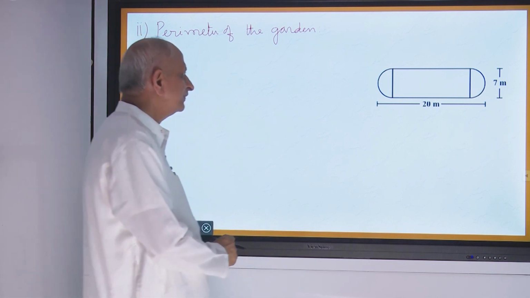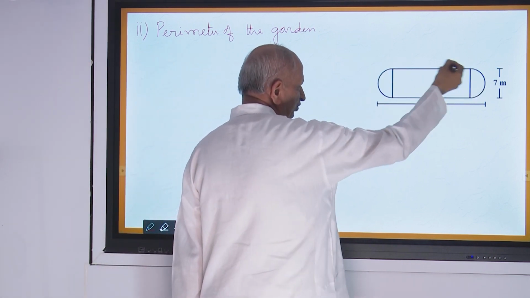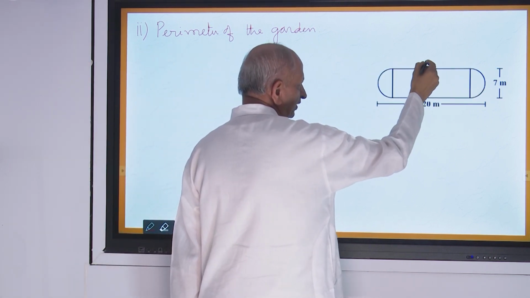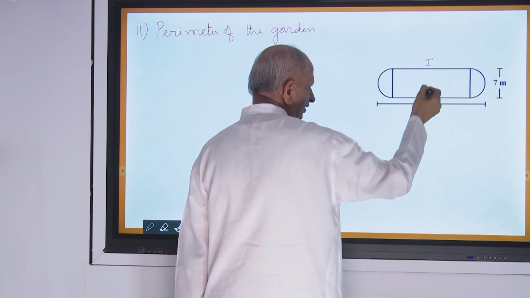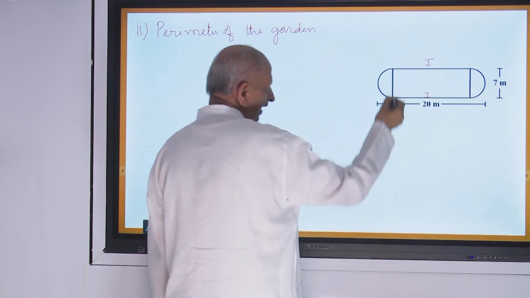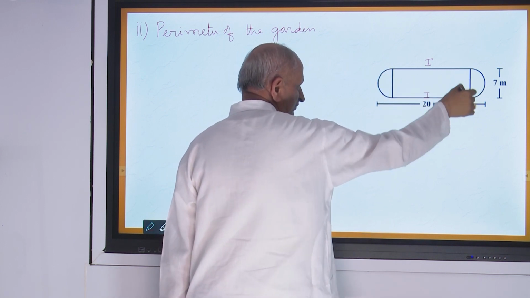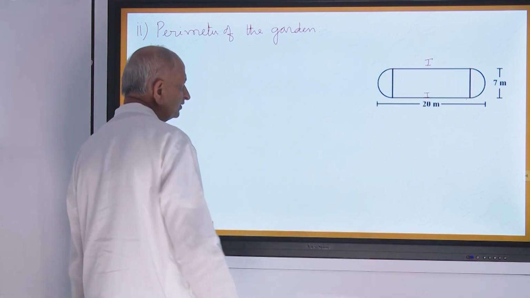So total length, perimeter means total length of the path. Here this length is known. Just now you found out the length of this portion, and the two semicircular portions, but you should not take these two into consideration.